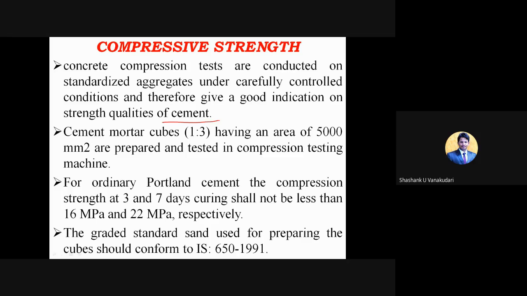So here a proper type of aggregates is available, only those aggregates you need to consider for the testing purpose, and even for the usage in the different applications of the cement as well as the concrete. Then only you can achieve better compressive strength when you have used the cement.